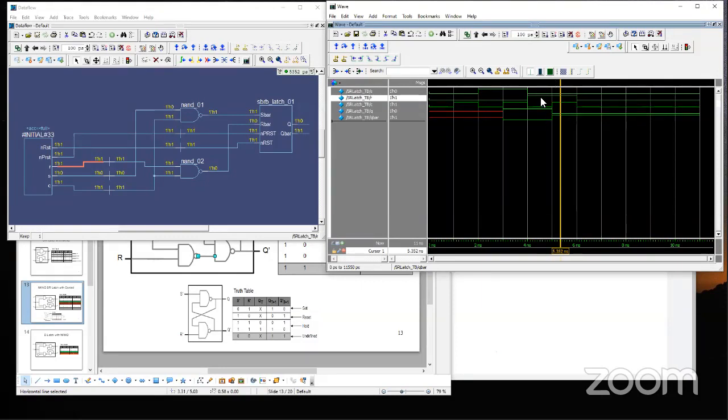Even if we set S and R to the reset condition, since the control is 0, we cannot affect the inner SBar RBar latch, so Q is unchanged from the previous state. As soon as, with the same configuration, we make the control 1, we open up the control to the SBar RBar latch for propagation, and then it affects Q.